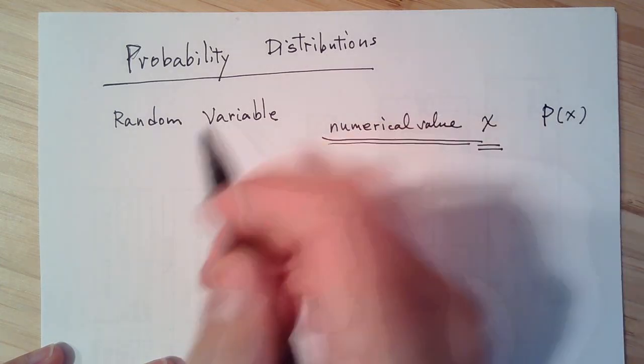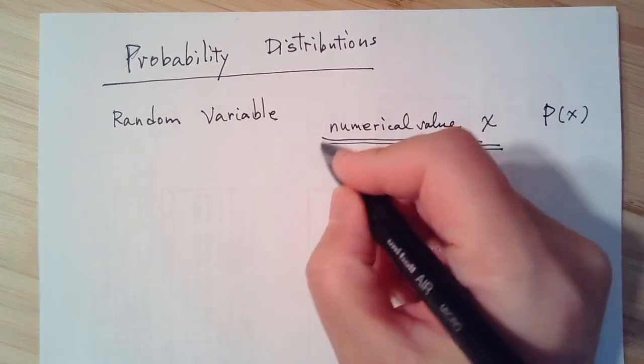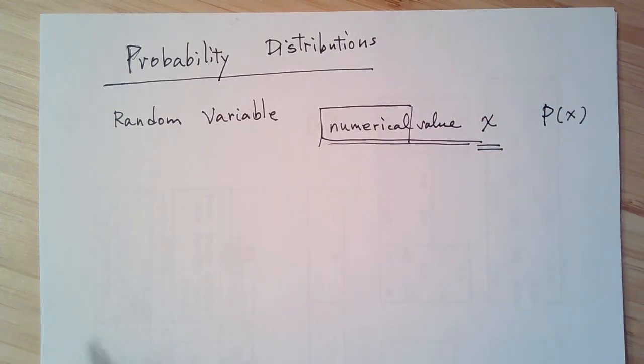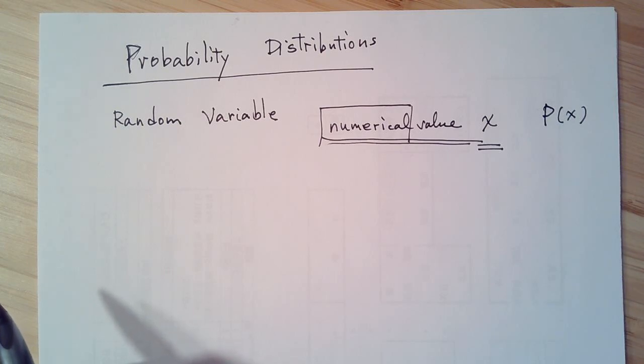Now for this kind of random variable, number one, the most important thing is that it has to be a number. Even when you flip a coin and get head or tail, that outcome you cannot call a random variable because it's not numerical. Numerical has to be a 1 or 0 or something like that, but not head and tail.